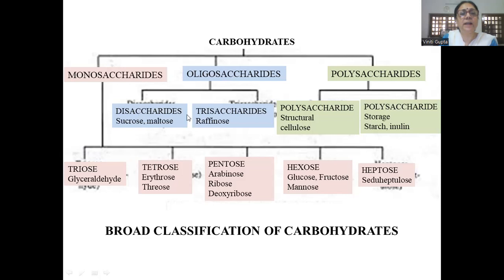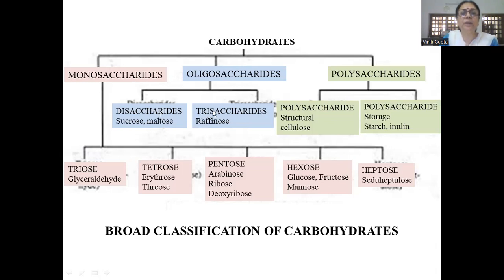So if I say a disaccharide, it means sucrose or maltose, which are sugars made up of 2 monosaccharide units. Raffinose is a sugar which is made up of 3 monosaccharide units. Here, I would also like to tell you one other thing. 2 monosaccharide units, when they combine together, will condense together and give out 1 molecule of water.